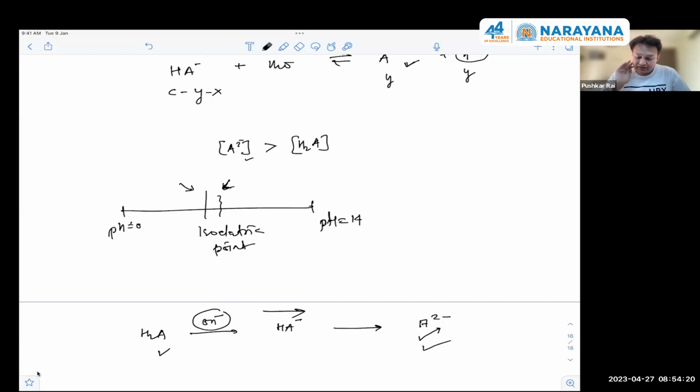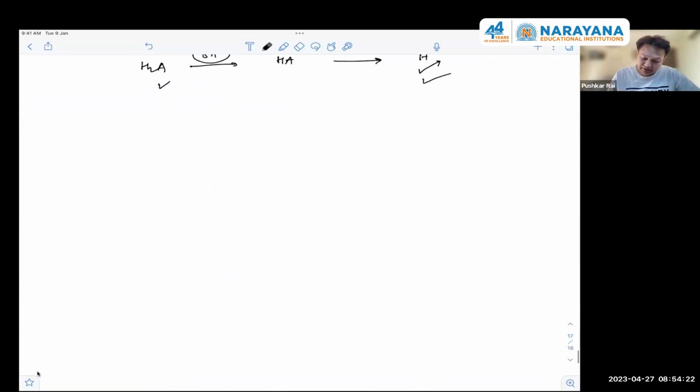So that means if an amino acid is added in water, the first concept is clear. Amino acid added in water, that's called the neutral point.